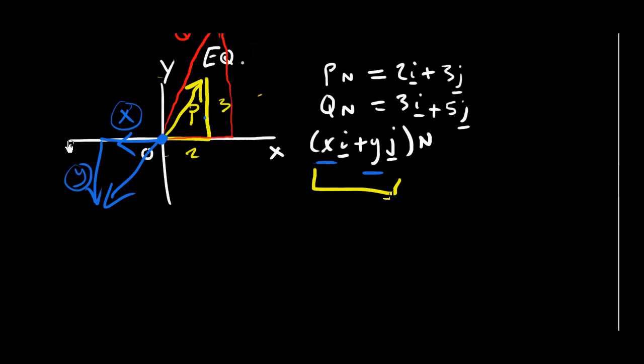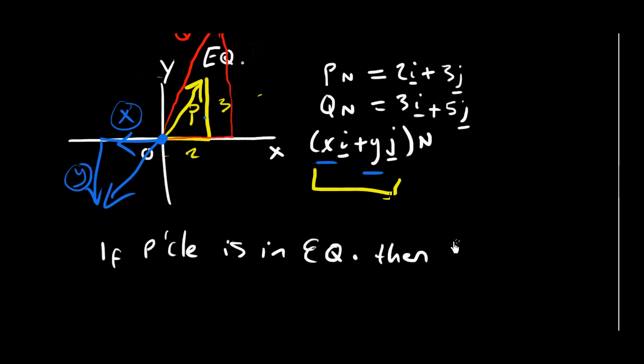We know that it's in equilibrium, so with these questions, when you have it in i's and j's, you don't have to get involved with the angles so much, and you can just say, okay, if the particle is in equilibrium, then the overall vector components in the X direction have to be equal to 0.